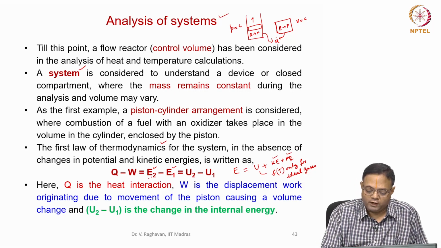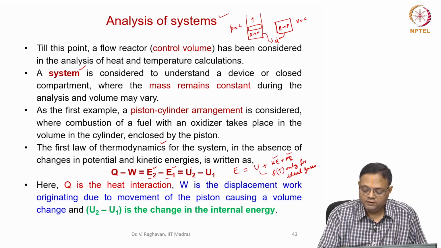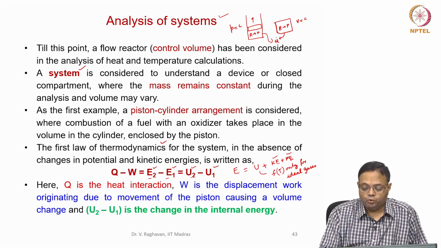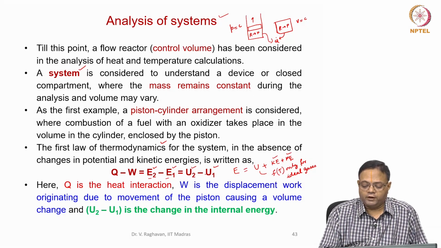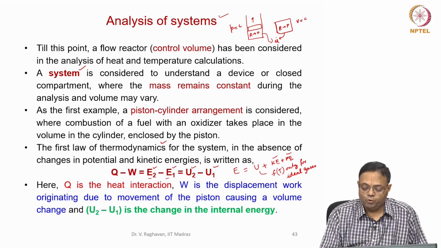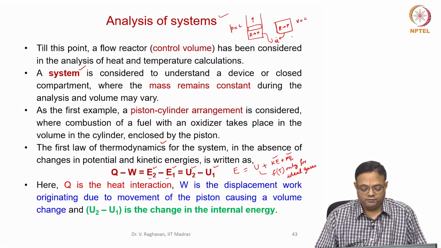So the total energy change E2 minus E1 translates as the change in the internal energy U2 minus U1. So you can easily note here that the U1 will be the internal energy of the reactants and U2 will be the internal energy of the products, because reactants are converted into products in both these cases.